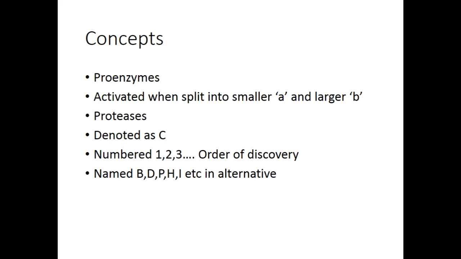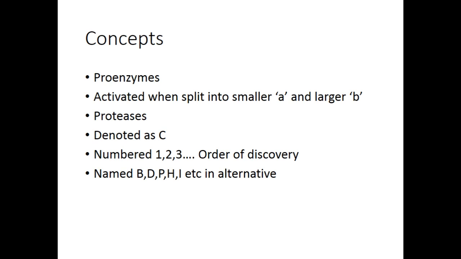They don't cause any activation or destruction in their native state, but when they get activated, they can continue the pathway. They get activated when they are split into two components by proteases, enzymes which can split a protein.